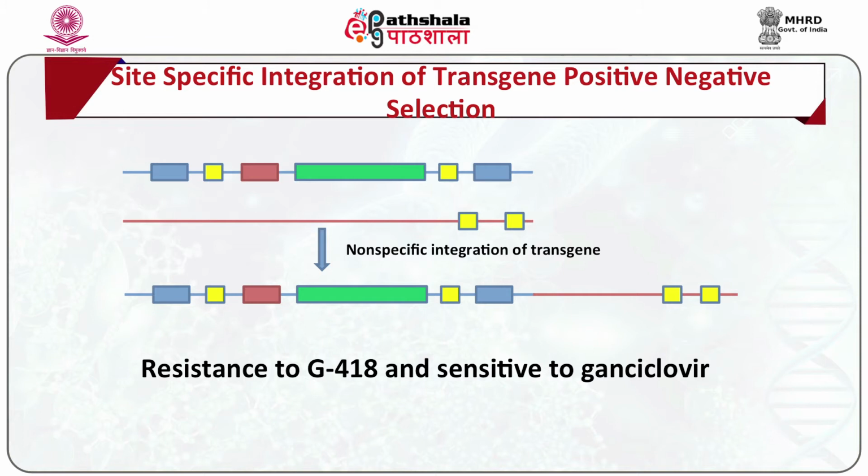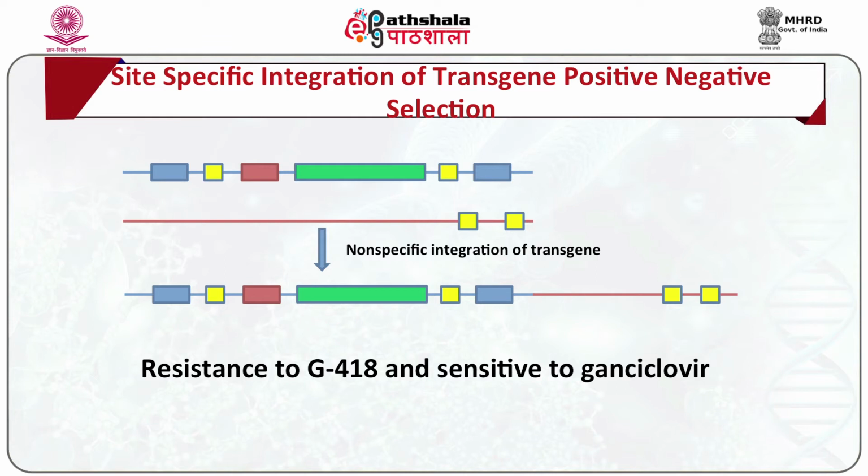This results in integration of only the transgene, and the neomycin resistance and HSV TK genes are not integrated. Third is non-specific integration. The gene targeting vector may integrate at a non-specific site into the host chromosome. When this occurs, both the neomycin resistance gene and the HSV TK genes are integrated in the genome. Now, let us see what happens.